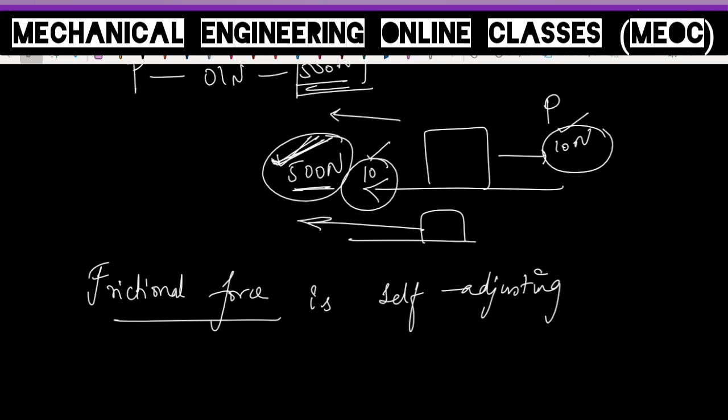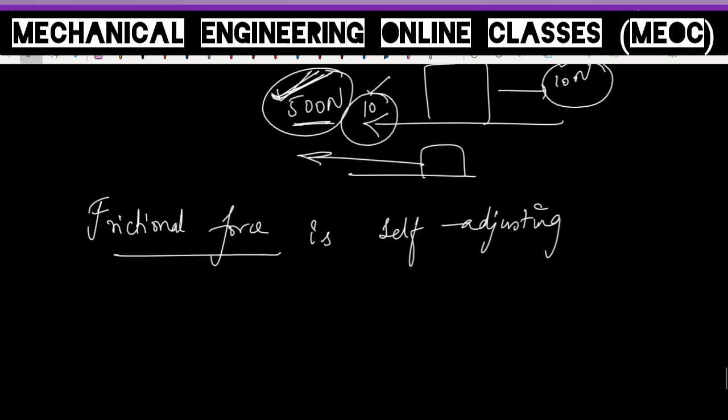If it were infinite, we could not move our limbs, nor could any relative motion happen in the universe. Everything would be in a statue position. So it is self-adjusting only up to the limit of its capacity.